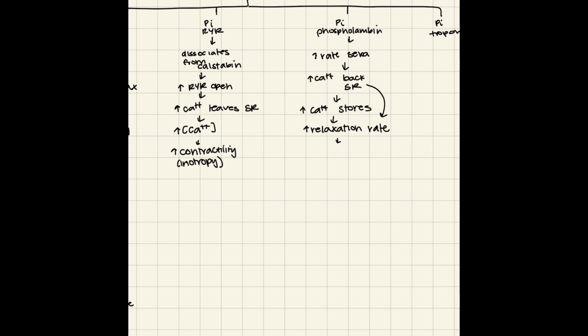This is going to decrease the duration of contraction. In addition, by increasing these calcium stores, we have more calcium that can be released with the next action potential, which will increase the concentration of calcium in this step, which will increase contractility. And that is called a lusitropic effect.